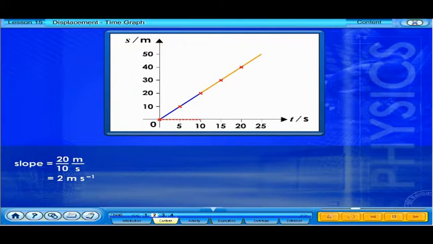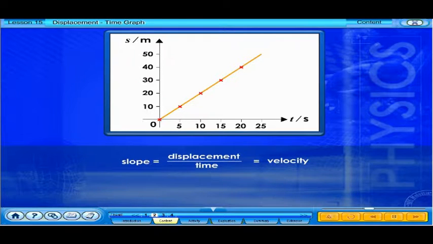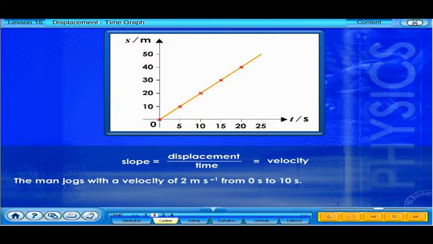The horizontal line represents time. So, what does the slope represent? The slope is displacement over time and it equals velocity. The man jogs with a velocity of 2 meters per second from 0 seconds to 10 seconds.